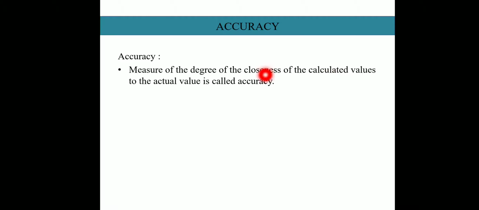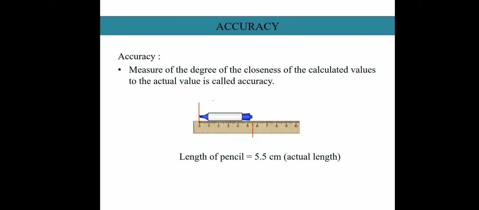So in order to understand accuracy, let's take an example. This is a pencil, and the length of the pencil will be given to us, and we have to use the scale underneath to measure the length of the pencil ourselves. The length of the pencil is 5.5 centimeter, which is given on the packet or the cover of the pencil.